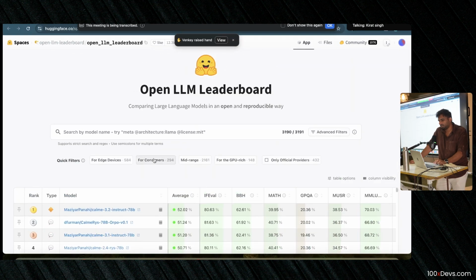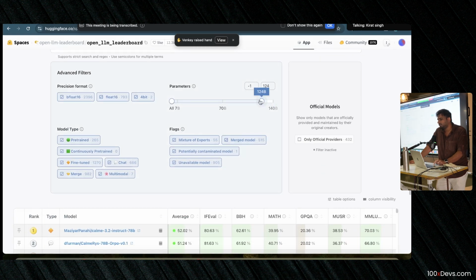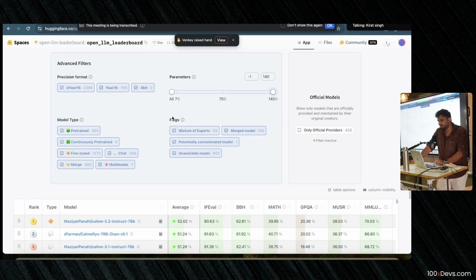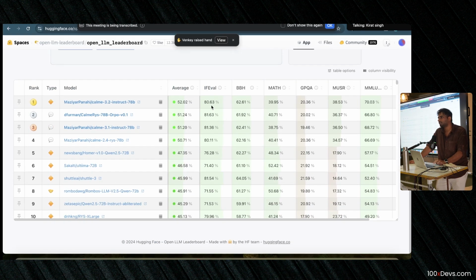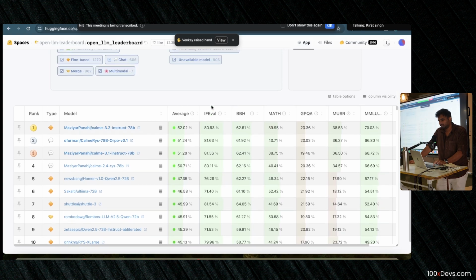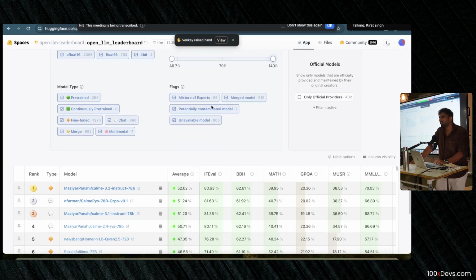In this leaderboard also, you can go to advanced filters. You can select how big a model you want, how many billion parameters, what type of model, and what kind of data set it should do well on. Based on it, you can choose the best model you want and start using that for your LLMs.